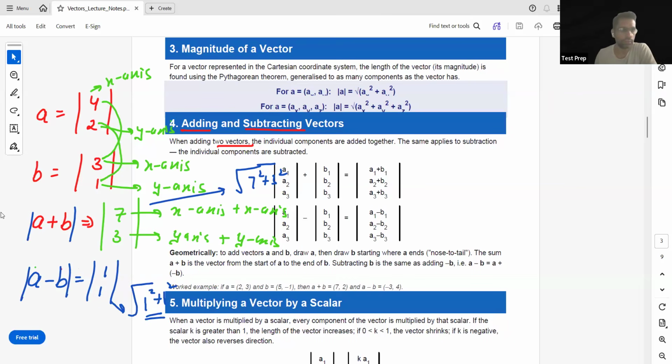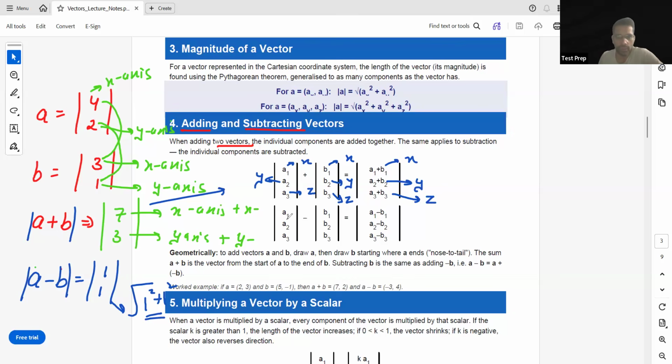Now the same thing is given here: A1 plus B1, A2 plus B2, A3 plus B3. This is a part of the x-axis, this is a part of the y-axis, and this is a part of the z-axis. Now it is given in a 3D way. Same, B1 is a part of x, B2 is a part of y, and B3 is a part of z. So when adding these two vectors, A1 and B1 are a part of the x-axis, A2 and B2 are a part of the y-axis, and A3 and B3 are a part of the z-axis.